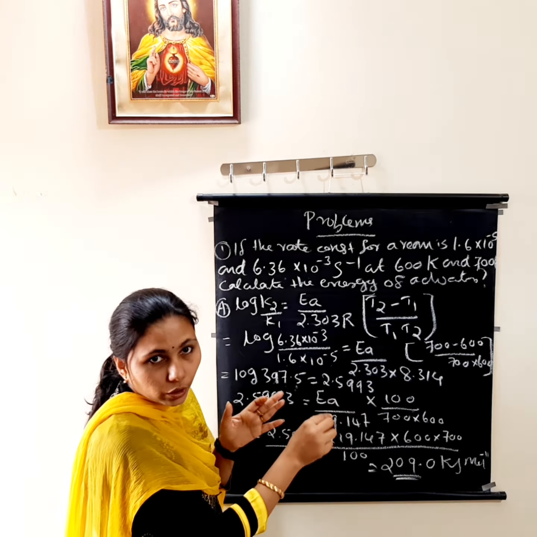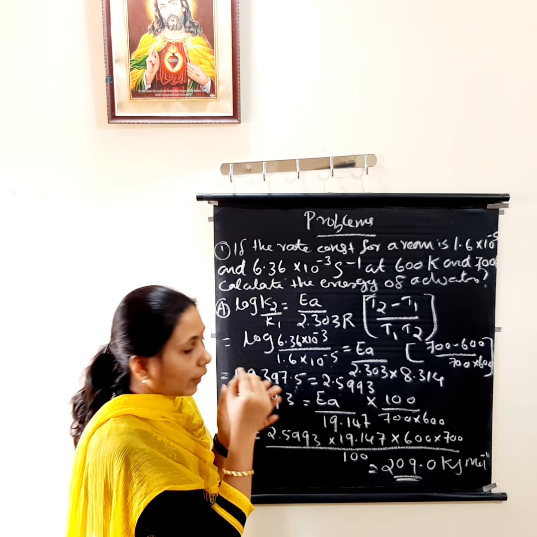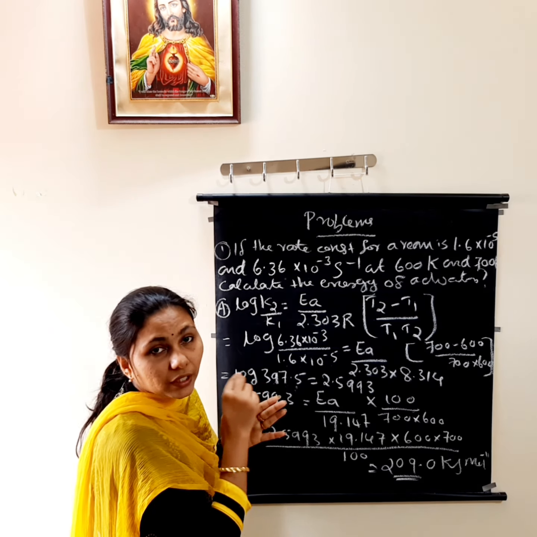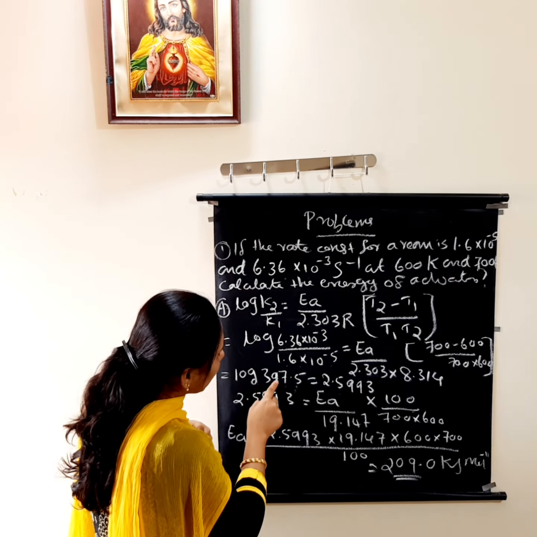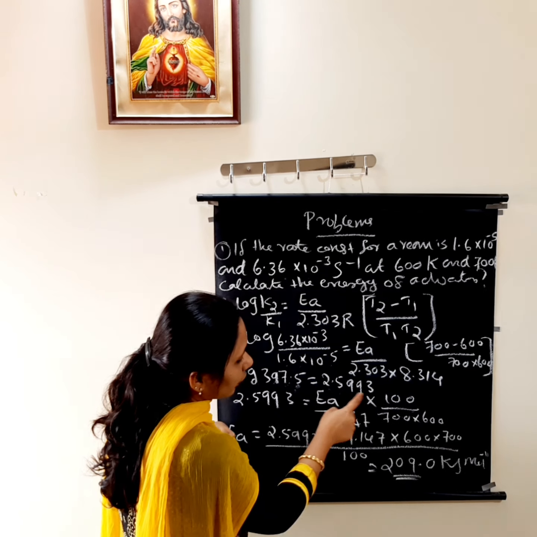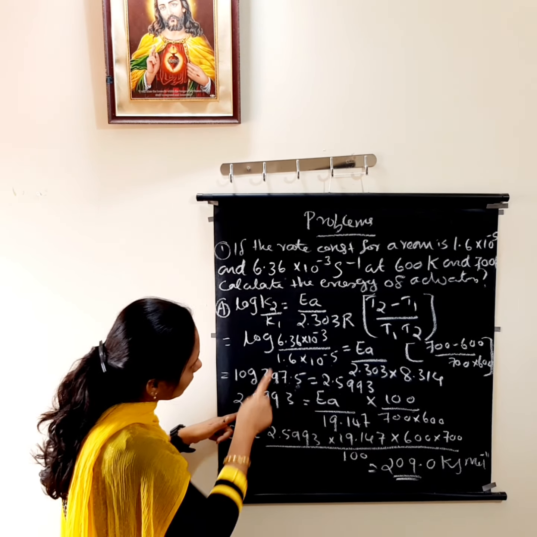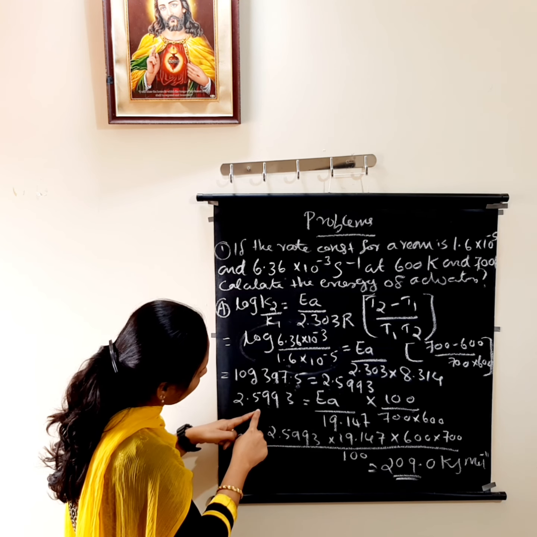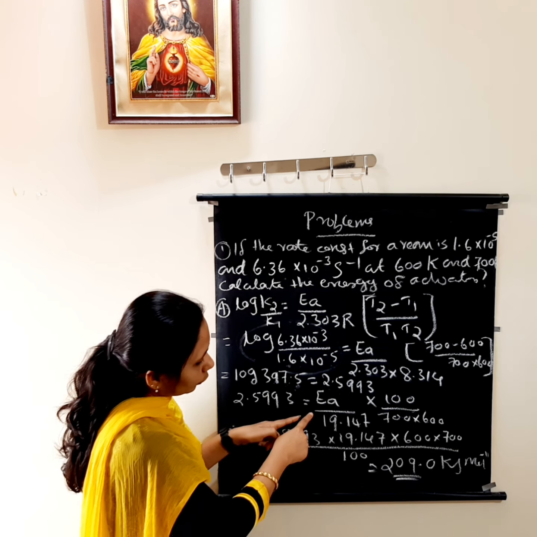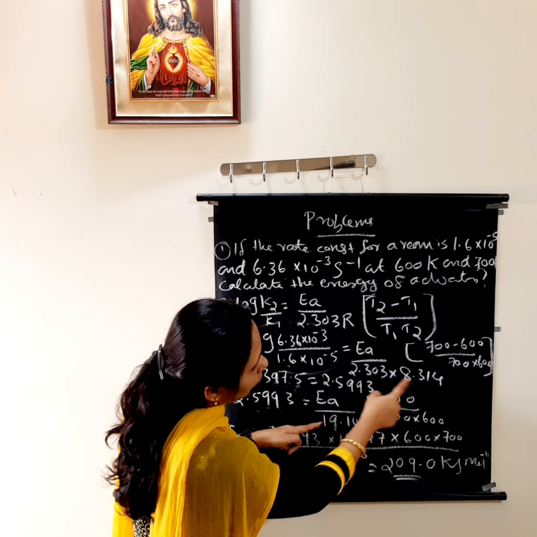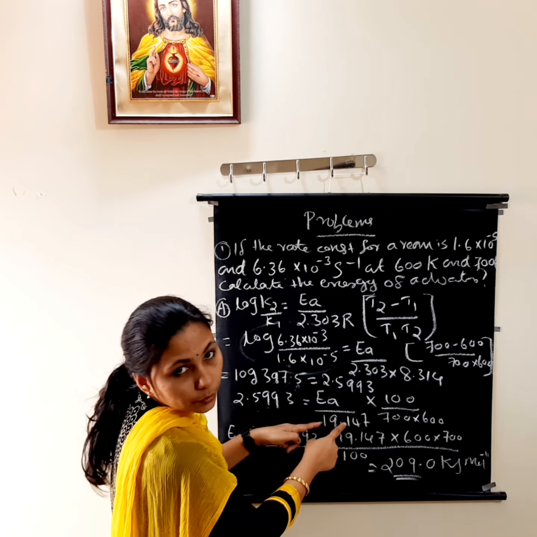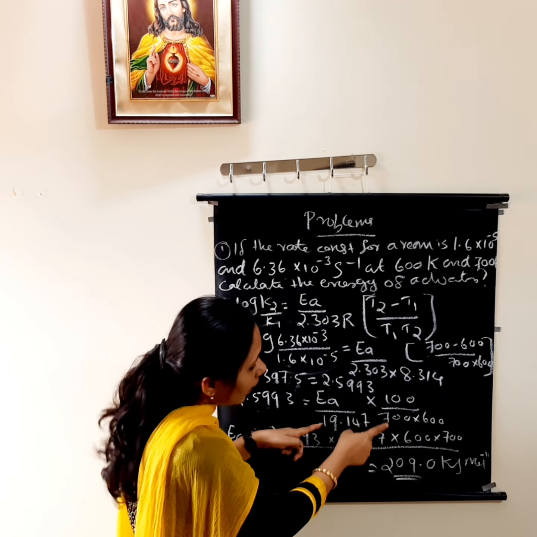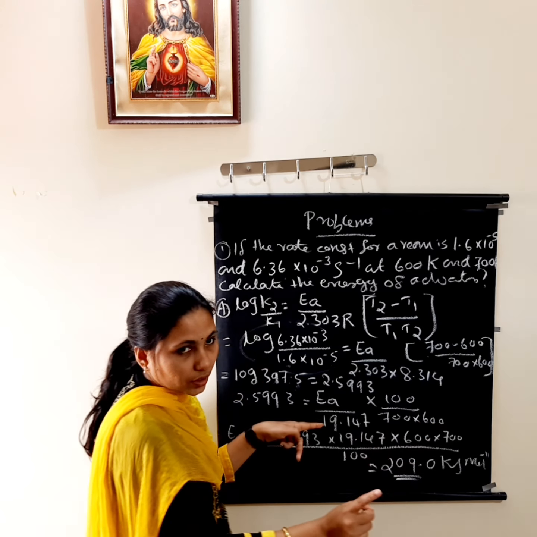Log 397.5 equals 2.5993. You have to take the logarithm table, which you find in the electrochemistry chapter, and last year also I explained how to take the log. So log 397.5 equals 2.5993. We substitute this value in place of log K2/K1. We get 2.5993 = Ea/(2.303 × 8.314), which is 19.147, into (700 − 600), which is 100, divided by 700 × 600.